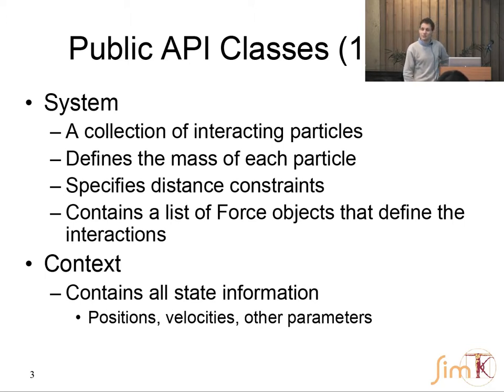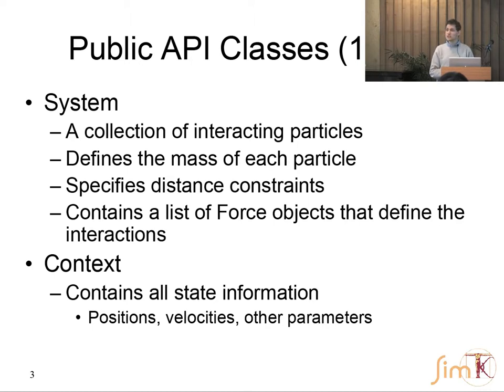It defines what the mass of each particle is. It can define things like distance constraints between those particles and similar things like virtual sites that come up in certain force fields. And finally, it defines a list of force objects that describe what the interactions between these are. I'll get to the force objects in just a moment on another slide.